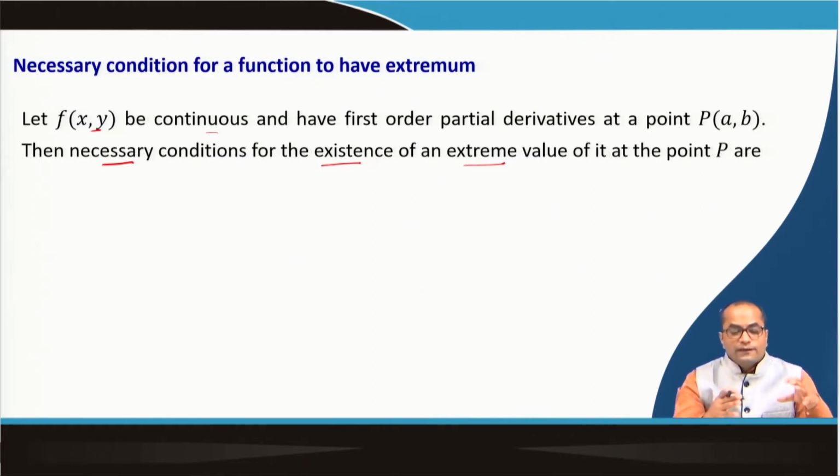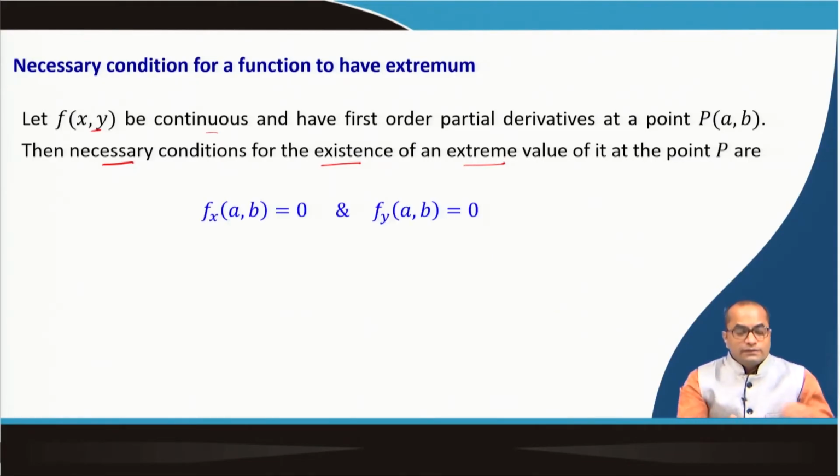That means only such a point can be a point of extrema when the partial derivative with respect to x and the partial derivative with respect to y are 0.